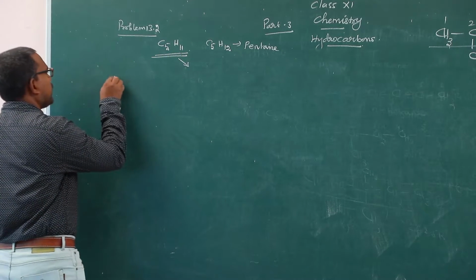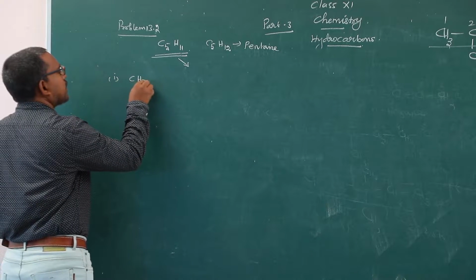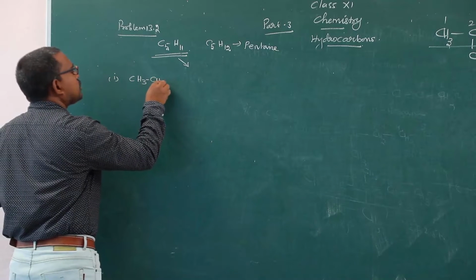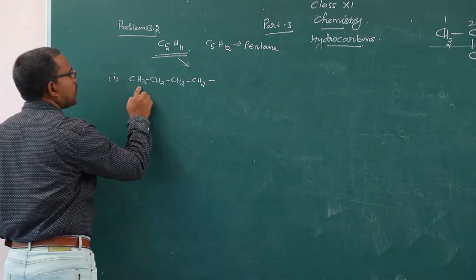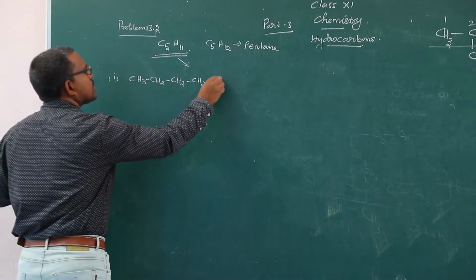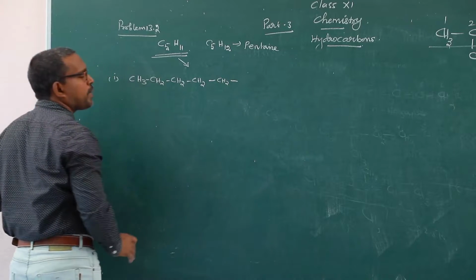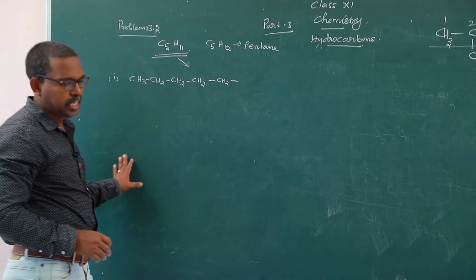The first one is CH3, CH2, CH2, CH2, CH2, numbering 1, 2, 3, 4: the n-pentyl group.